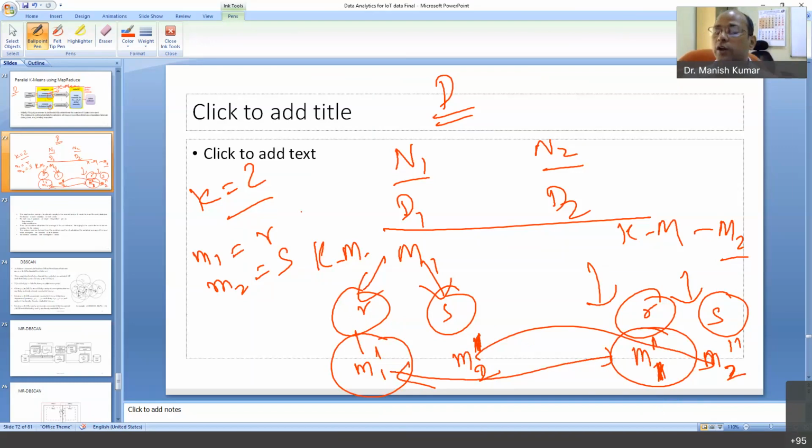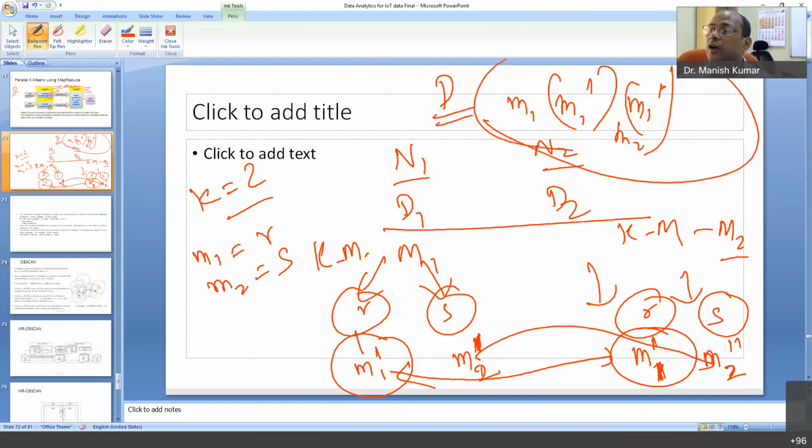The reason is that M1 dash and M1 dash come from two mappers: this is from mapper 1 and this is from mapper 2. So you average these, and then average these two, and that will give you the next iteration's means, M1 and M2, and these need to be passed to each of the mappers.